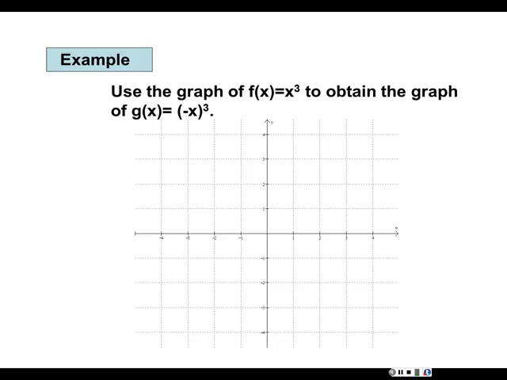Let me draw it. What do you think? The green one is the reflection of x cube, right? So you can think of it partially. Maybe you will feel it better.